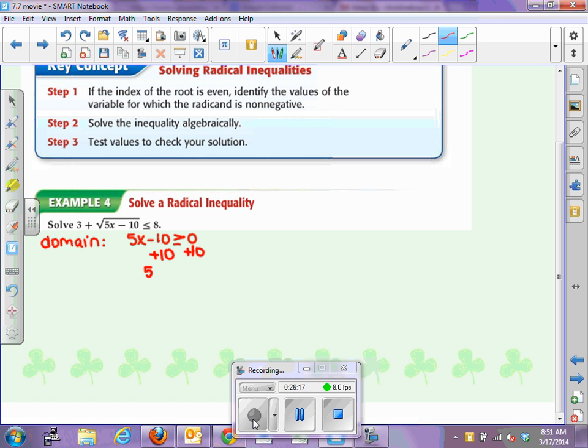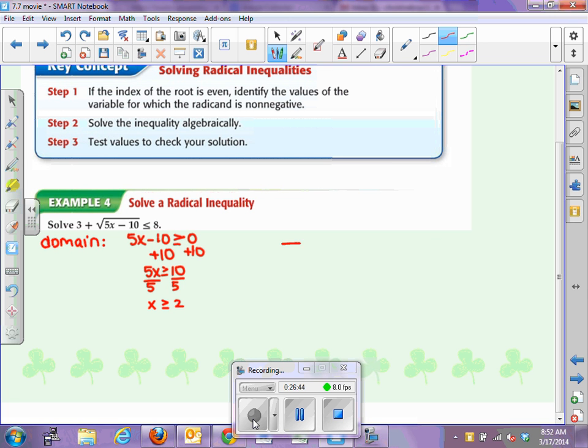So now I have 5x has to be greater than or equal to 10, and I divide by a positive 10. That's really important because remember, if I divided by a negative number, I would have to flip the inequality sign. So remember that when you're doing inequalities, if you multiply or divide both sides of the inequality by a negative number, you have to flip the inequality sign.